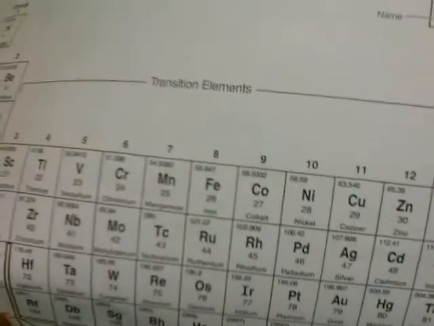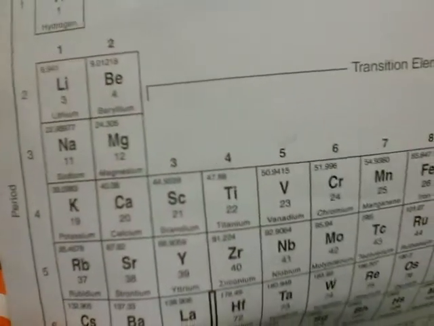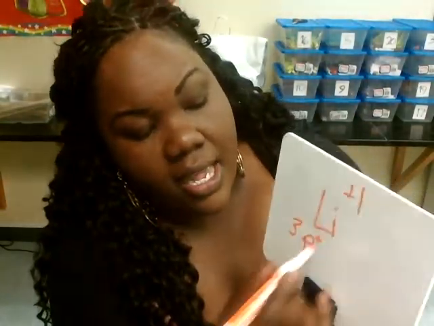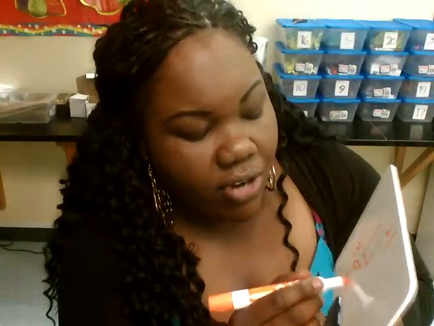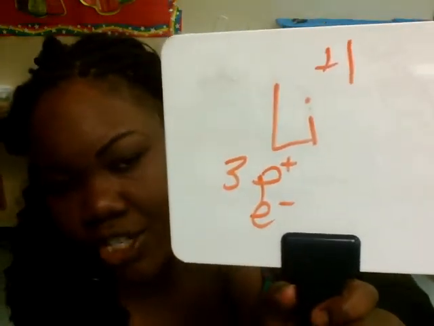So, for lithium 1 plus, how many protons must I have? Look at the periodic table. How many protons must I have for lithium? There we go. Good. It has to be 3. Okay? So I'm going to have 3 positive charges. Now, how many electrons will I have if I have to end up with a positive 1 charge?